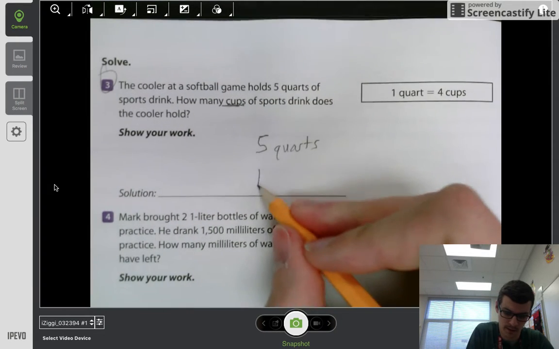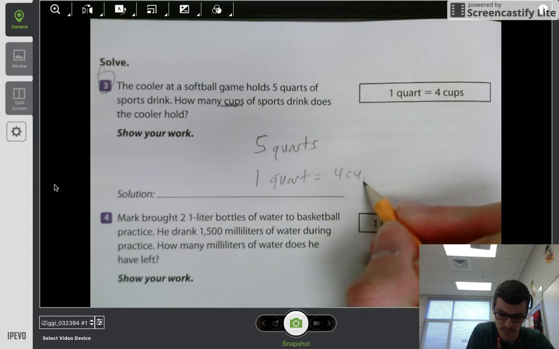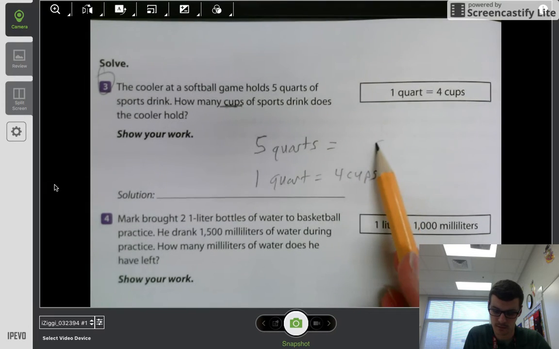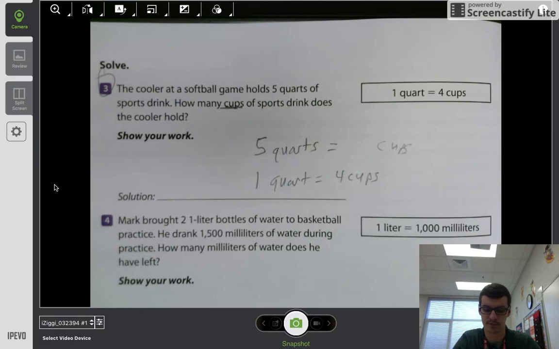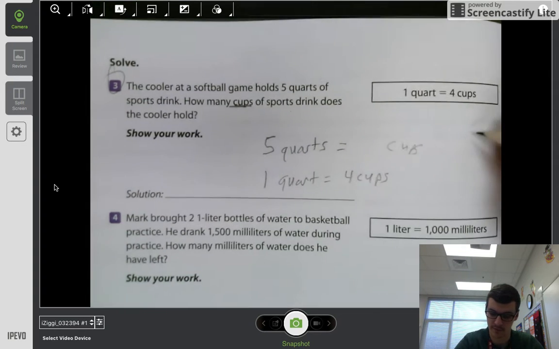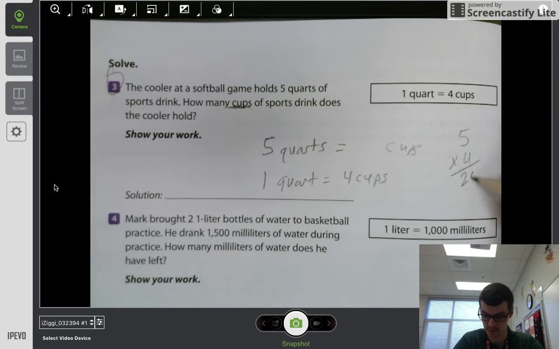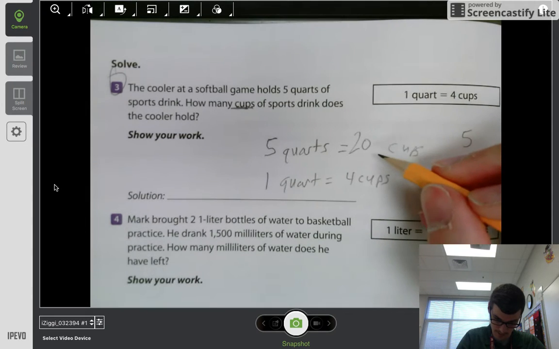So 1 quart equals 4 cups. So how many cups are in 5 quarts? So what I need to do here is take 5 times 4. That's going to give me 20. So 5 quarts is going to be 20 cups.